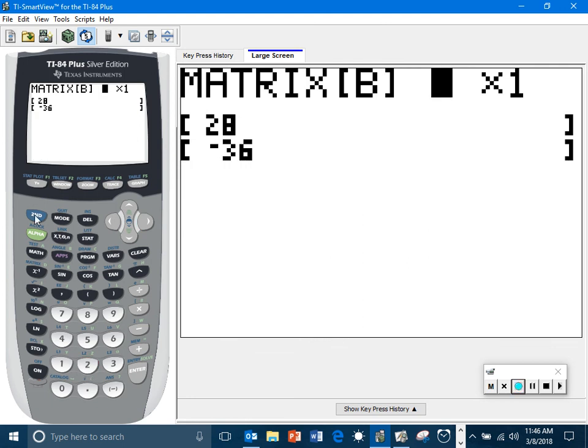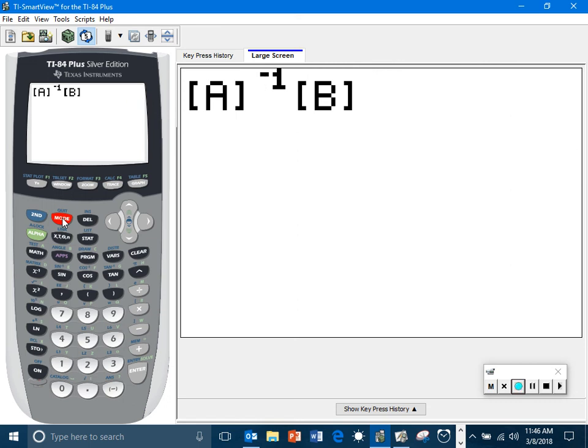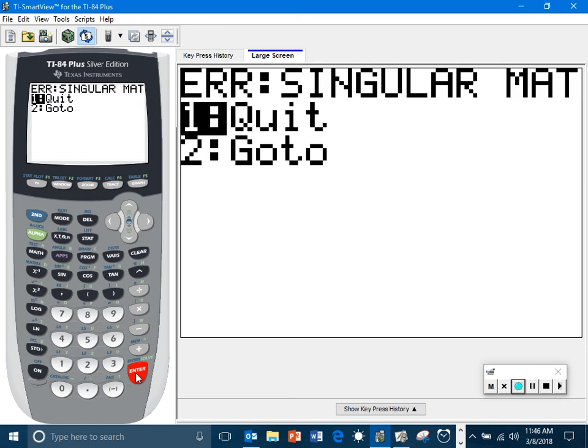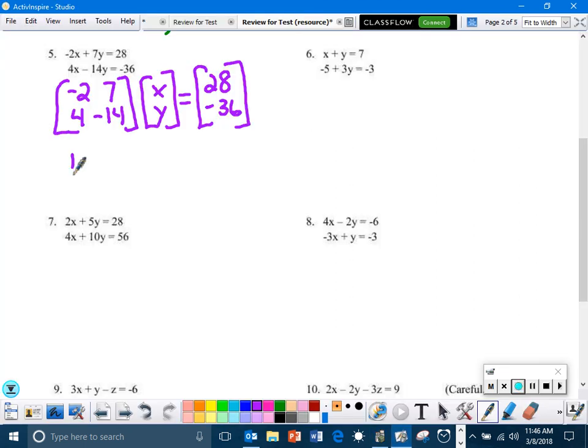My numbers there look good. Okay, so I'm going to see what happens. Again, I get an error message. So what I'm going to do is I'm going to say not possible. Okay, moving on. Next one.